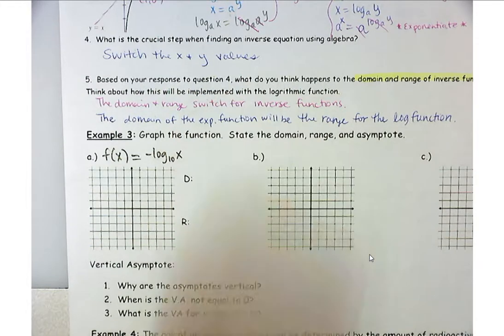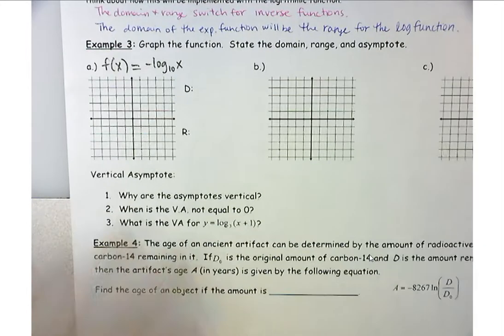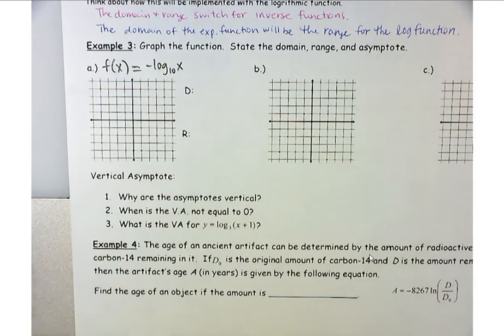Now, what is special about base 10? You guys know what base 10 is in the log world? Yeah, it's called the common log, which means even if you didn't see a base on the log, it would be 10. Okay, so a lot of times you won't even see that.